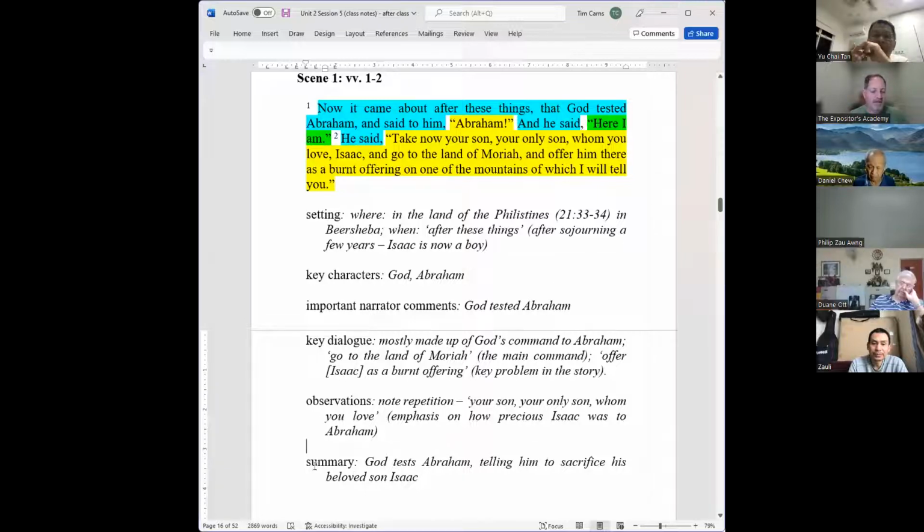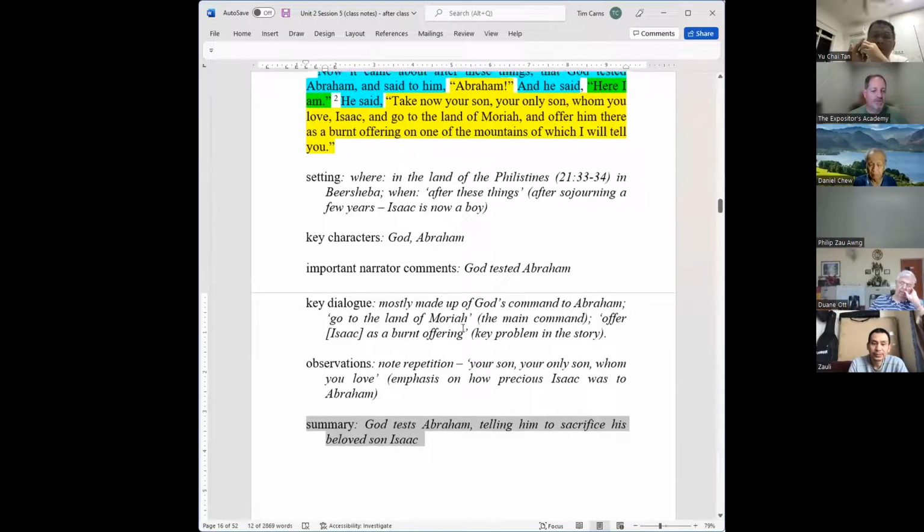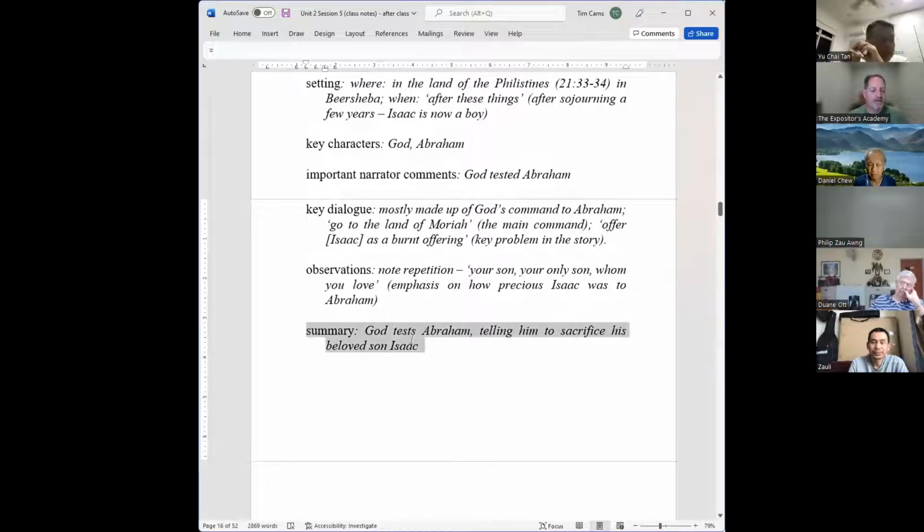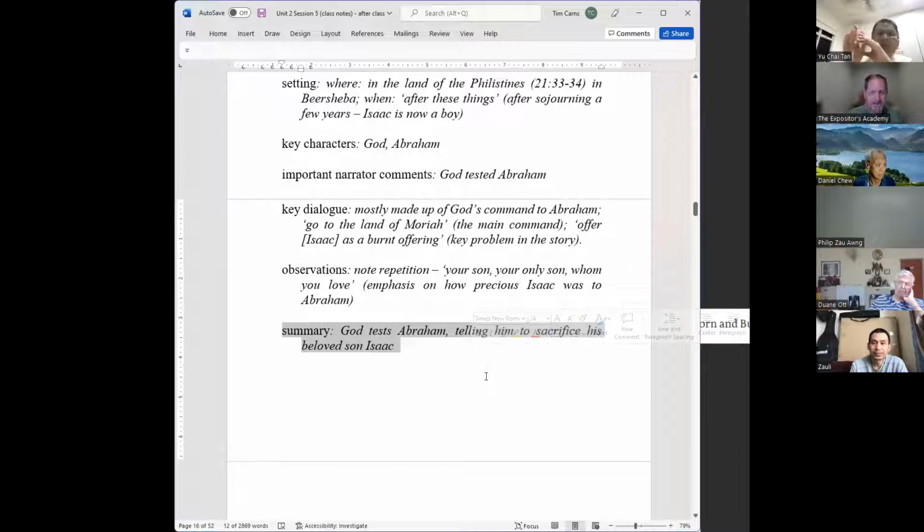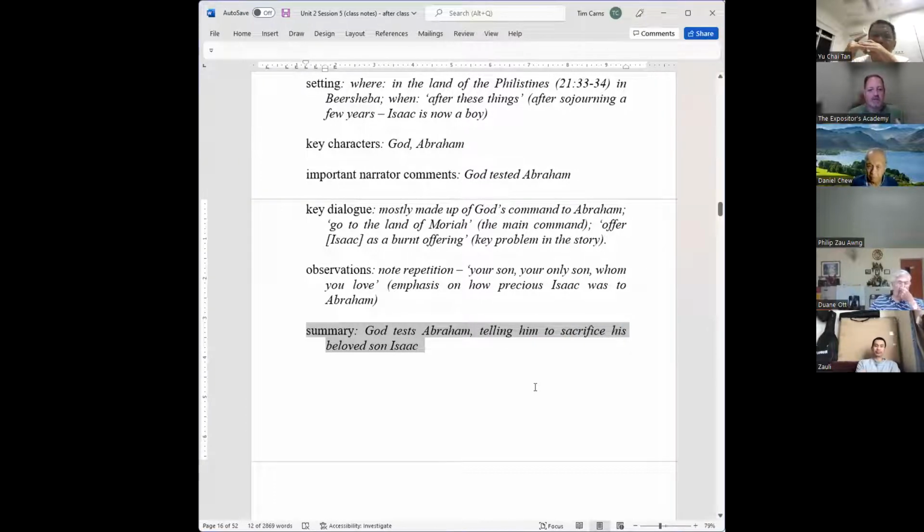And then finally, we put together the summary, which is God tests Abraham, telling him to sacrifice his beloved son Isaac. Notice we're not interpreting the theological meaning at this point. All we're doing is going through the scene and identifying what seems to be the focus, the key event or key statement within this scene that would summarize what's happening here. And in this case, it is that God tested Abraham by telling him to sacrifice his beloved son Isaac. Okay.